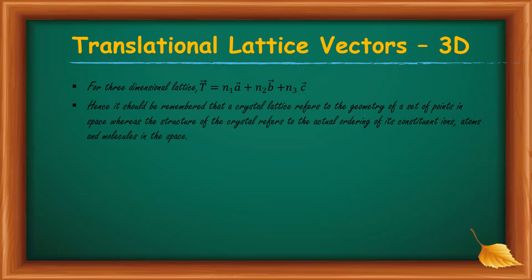Hence, it should be remembered that a crystal lattice refers to the geometry of a set of points in space, whereas the structure of the crystal refers to the actual ordering of its constituent ions, atoms, and molecules in space.